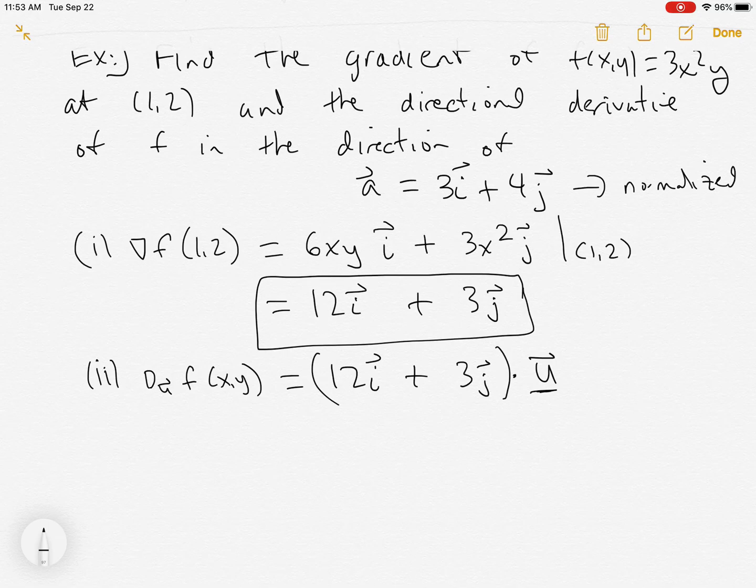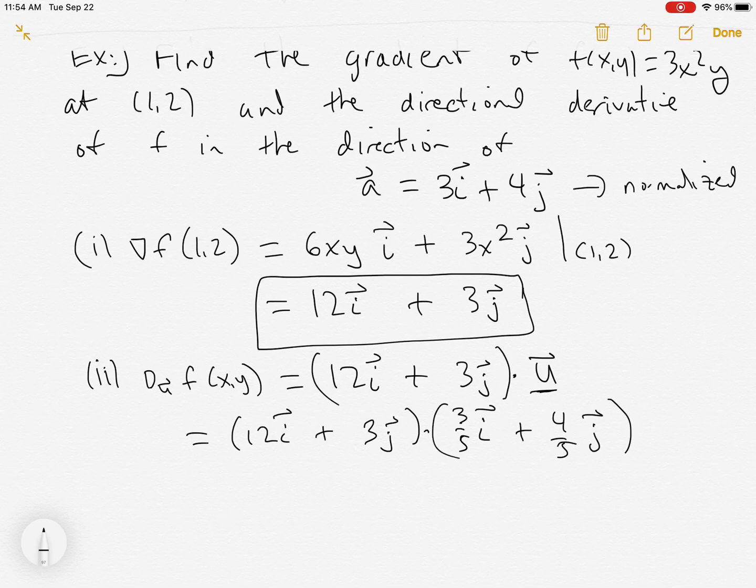All right, the length of the vector is 5. Think of a 3, 4, 5 triangle. And so the u I want turns out to be 3/5 i plus 4/5 j. So how many times have I graded this?